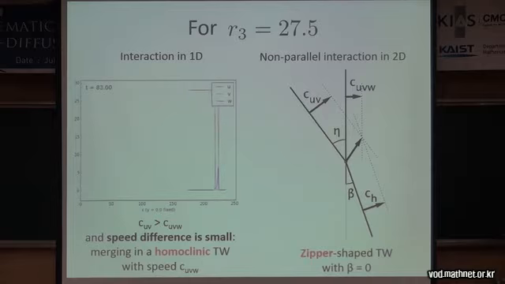But in this case, since the speed of the homoclinic front is equal to the speed of CUV, we will have that beta is equal to 0, or so we expect. Again, also in this case, this angle beta can be computed by the same rule of speeds I talked about before.